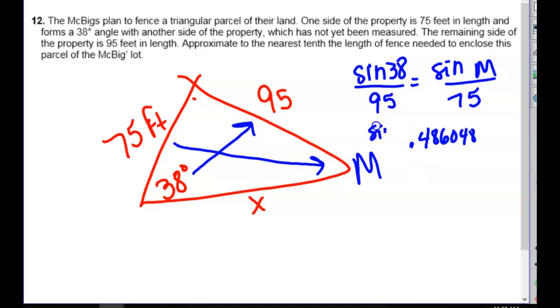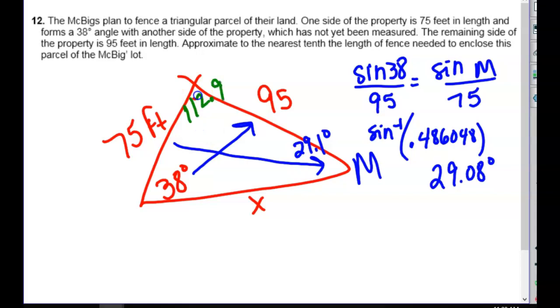We do second sine of that. 29.1 degrees maybe? If we go with 29.1, then we have 180 minus 29.1 and minus 38. I got that this makes 112.9.